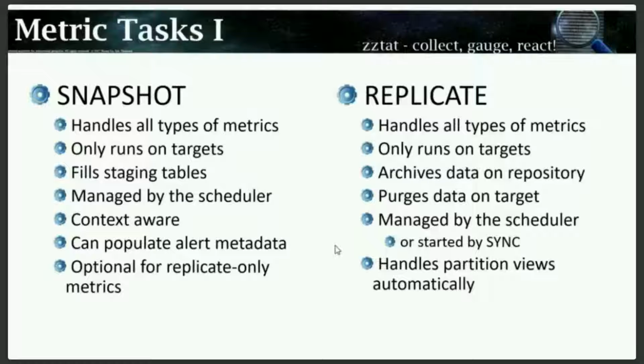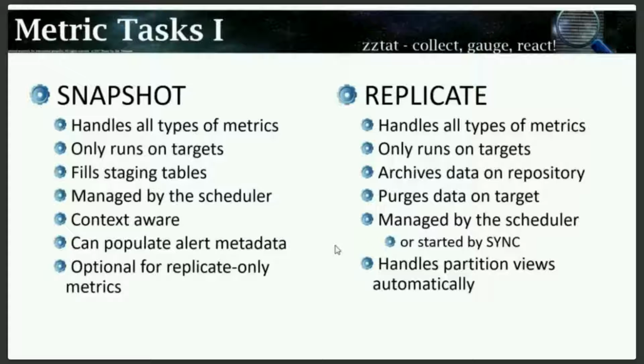The snapshot process is also context aware. So what this means is that it knows how it was triggered. So it is able to determine whether the scheduler has just triggered it as part of a normal metric run, or if this metric run was triggered by, for example, a reaction. The zztat framework has certain reactions.